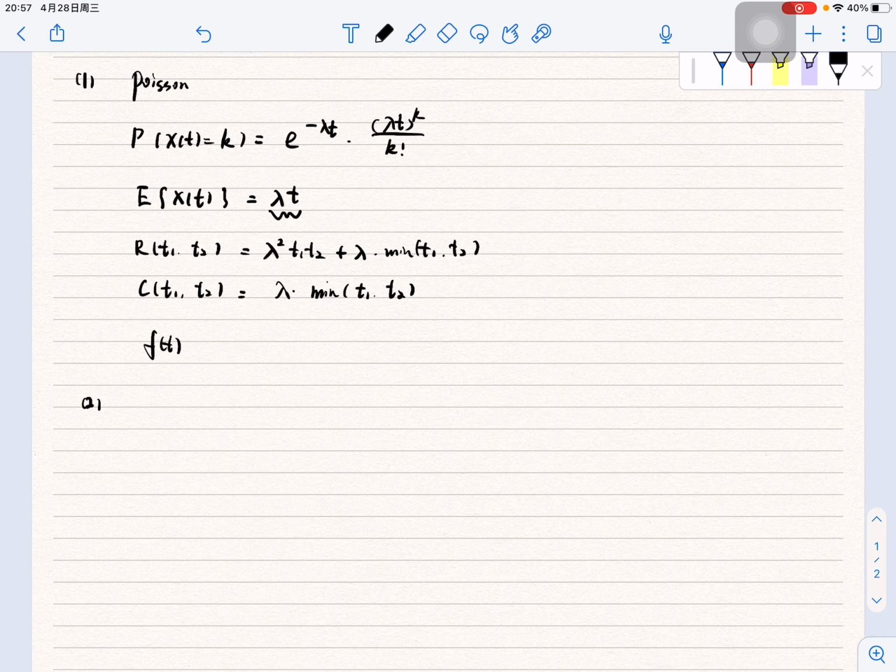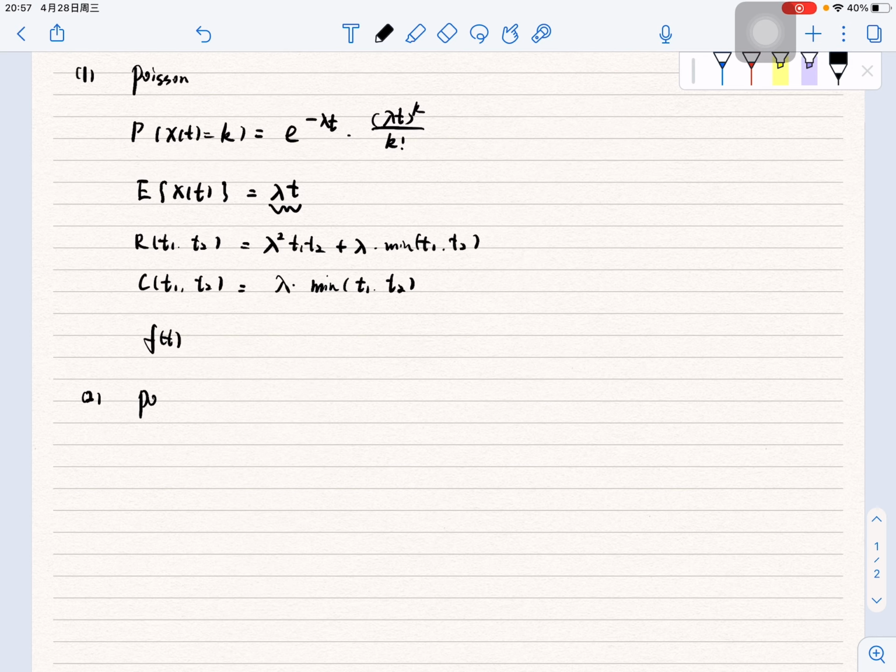Now question 2. It's the Poisson increment. It is defined as Y(t) equals X(t plus epsilon) minus X(t), over epsilon. Here X(t) is a Poisson process.